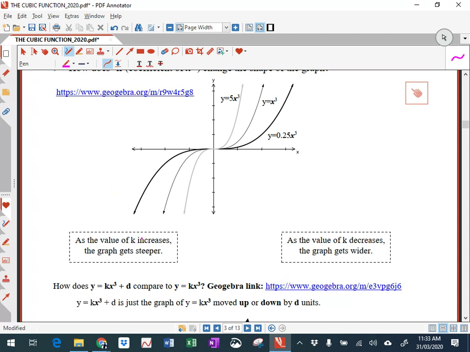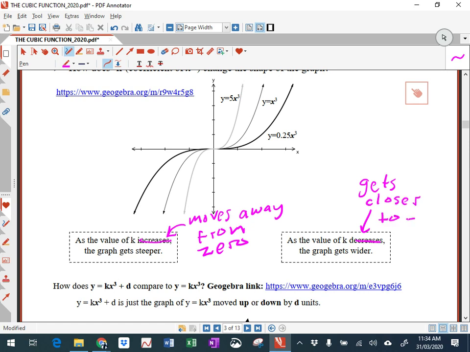So as the value of K moves away from 0 or further from 0, and over here it should be as K gets closer to 0, as the value of K gets closer to 0. Okay, all right, now moving right along.